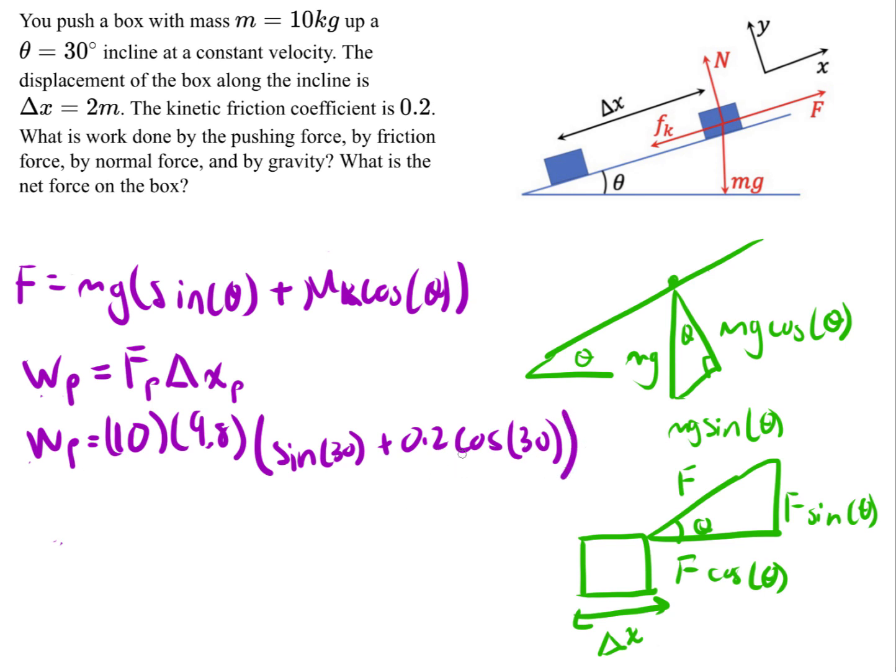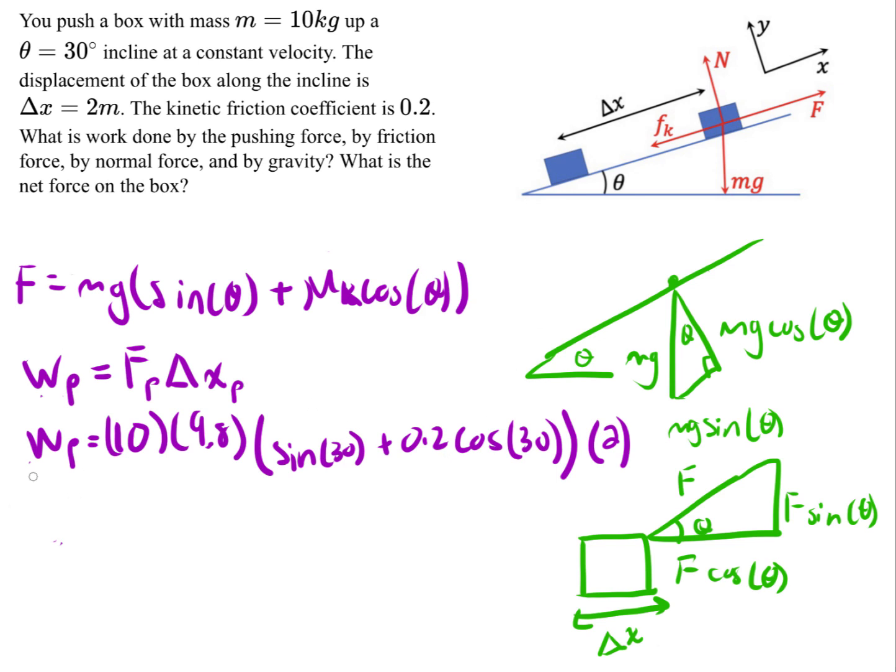And then times the displacement, which is 2 meters. This is just plugging all of your variables back into these equations. So you have mass, 10 kilograms, gravity, 9.8, and then sine of the angle of the incline, 30 degrees, plus the coefficient of kinetic friction, which is 0.2, times the cosine of that same angle, 30 degrees again, and then times the displacement, which is 2 meters.